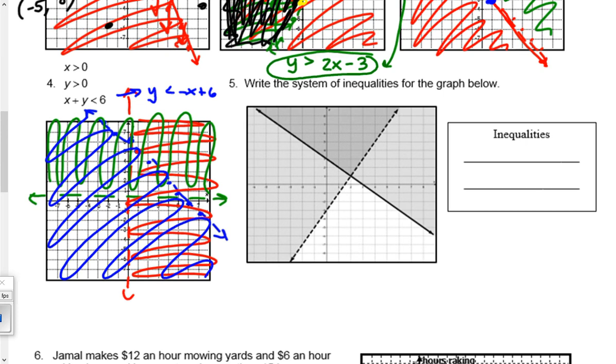So the double shaded region is actually just this little triangle right here. Okay, just that little triangle. Now again, let's talk about solutions. Things that are in that triangle, nice and obvious, those are going to be solutions, right? But let's talk about the edges.